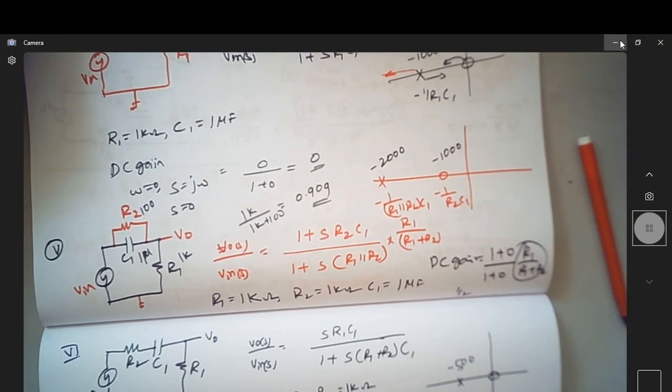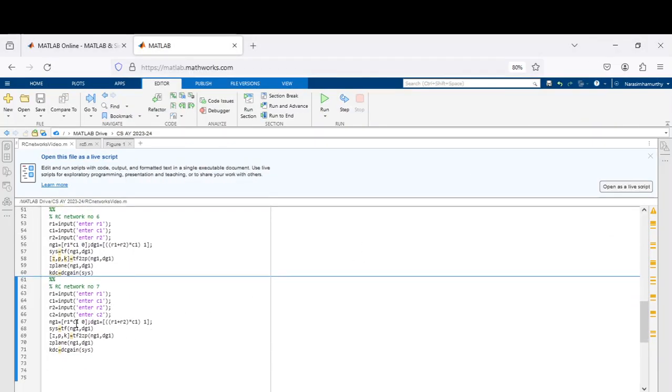So this is my 7th circuit. So here it is. Let me write R2 into C2, which is also there. That's the coefficient of, let me open the parenthesis, S square.